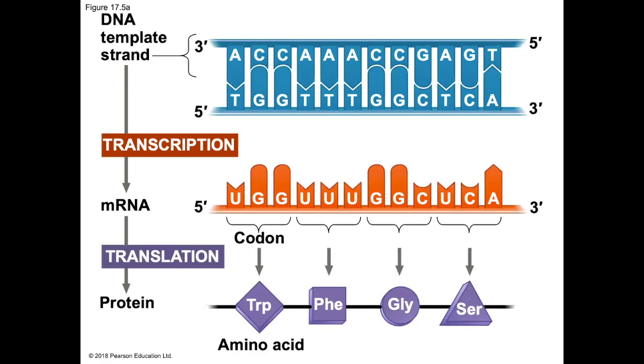A closer look at the flow of genetic information: the DNA template strand will be transcribed into mRNA, and then this mRNA will be translated into proteins, which will enable the expression of the information dictated by our DNA.